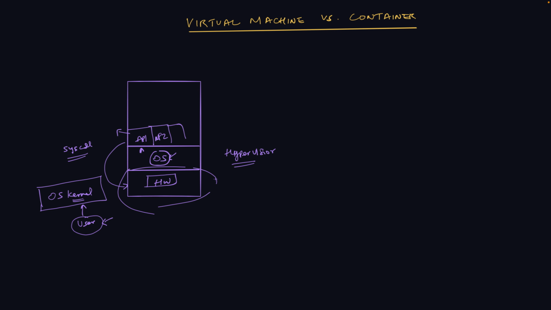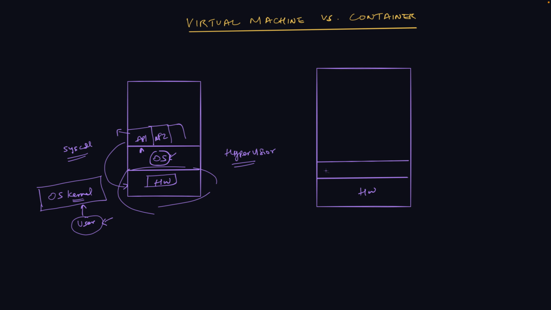What the hypervisor does is, it sits between the operating system and hardware. So if I draw this again, we will have our hardware at the bottom. This is still going to be our hardware, but there is going to be a thin layer between hardware and operating system called the hypervisor.